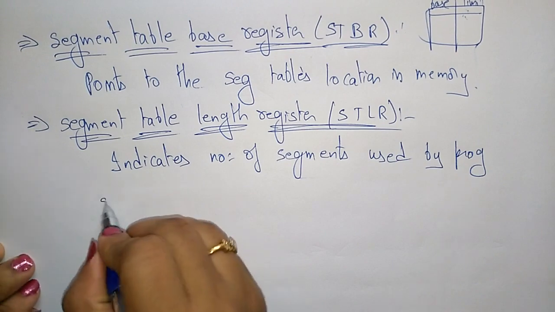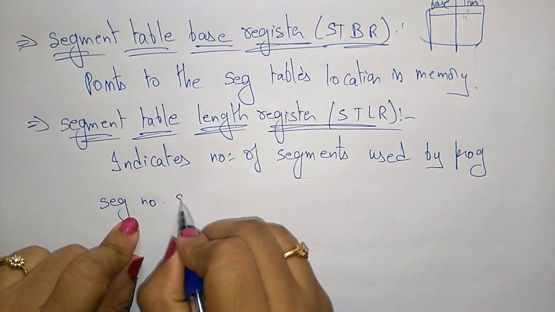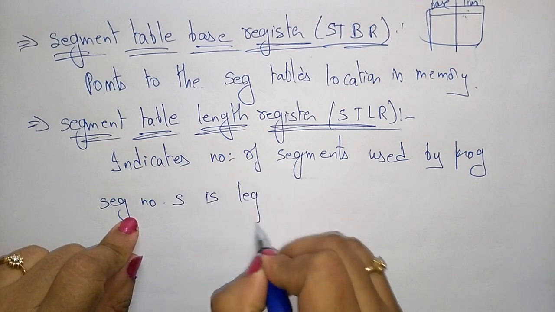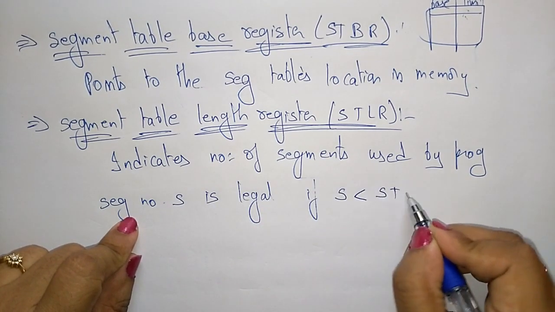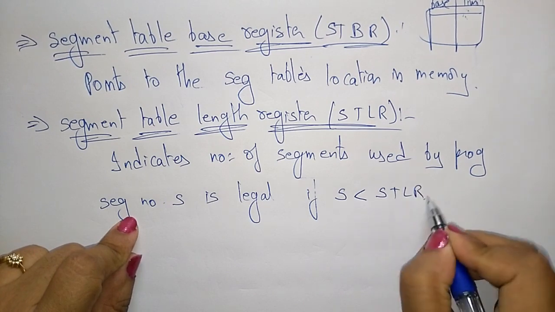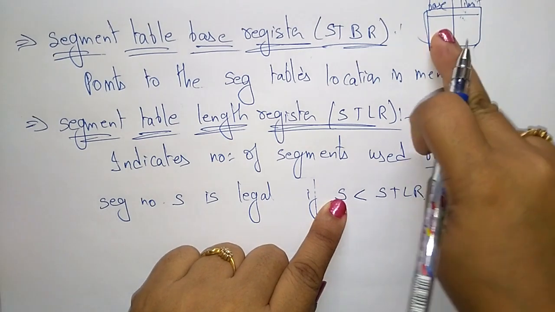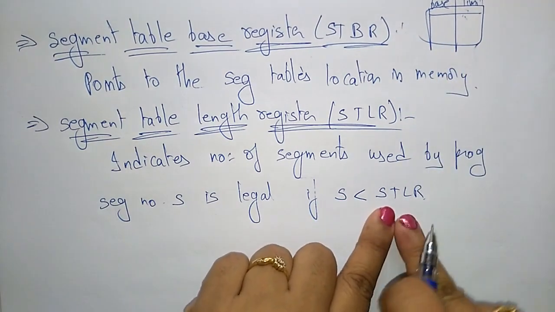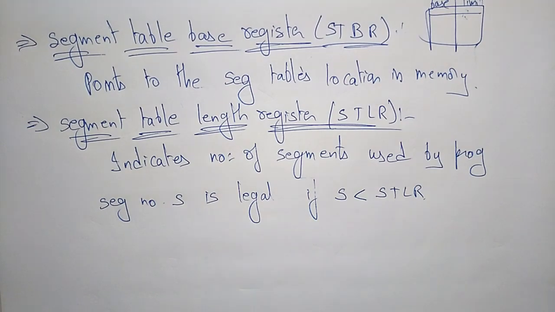You have to remember that the segment number s is legal if s is less than the segment table length register. Whatever segment you are storing in the table should be less than the total length given by the segment table length register.